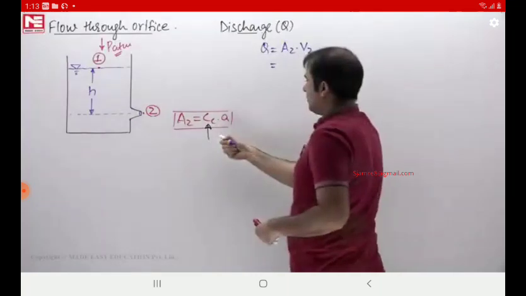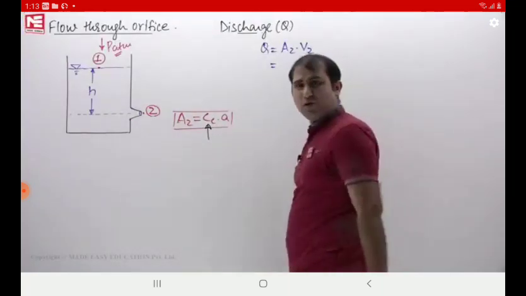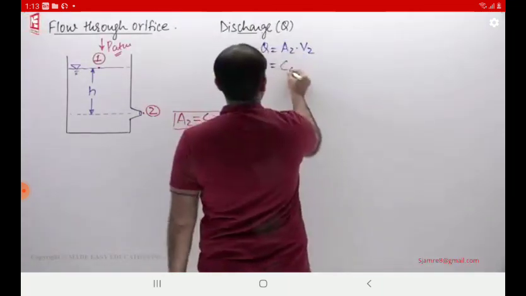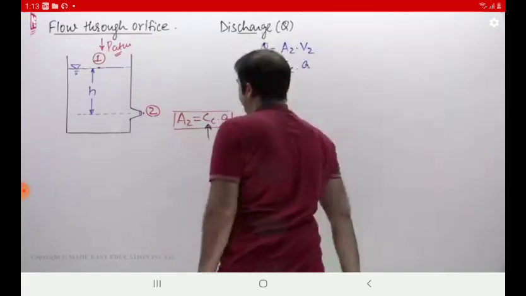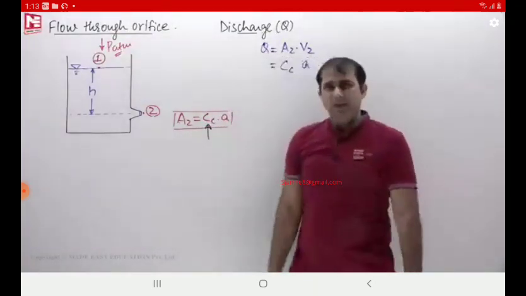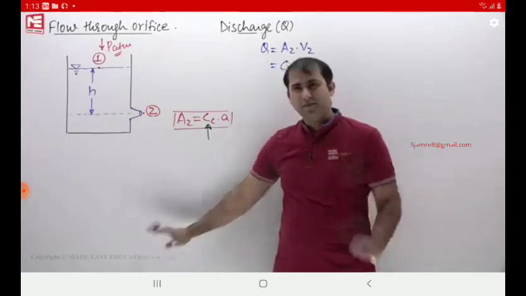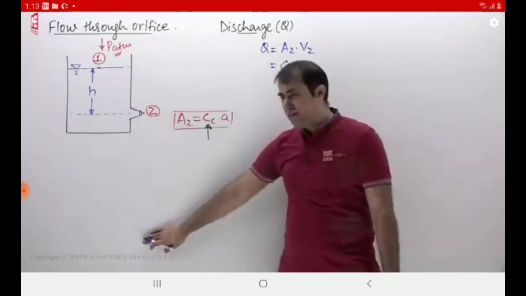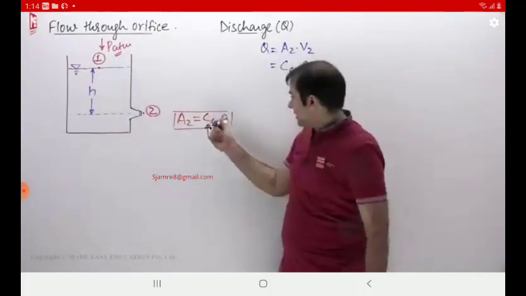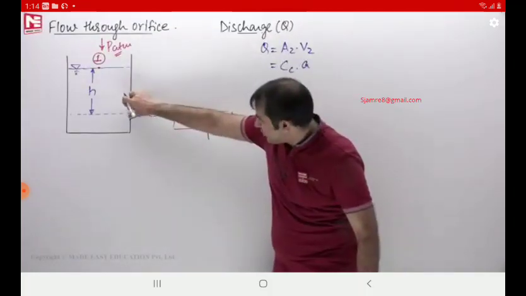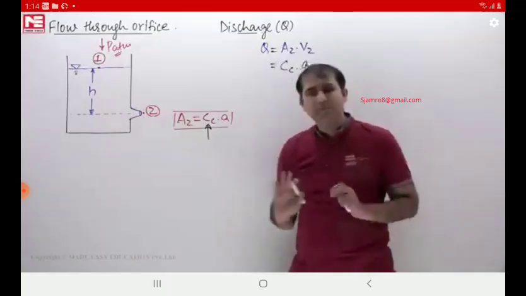A2 is CC times A. I think I have written here that A is the cross-sectional area of the orifice. If it was not written, please write that A is the cross-sectional area of the orifice.